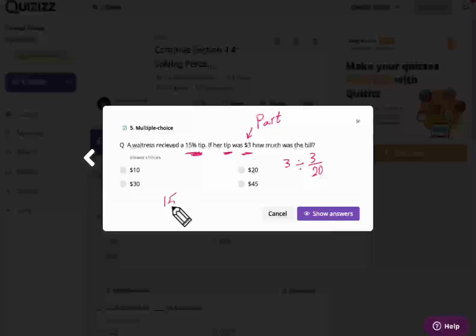Because 15 over 100 is 3 over 20 when you divide by 5. Now, it's 3 times the reciprocal, 20 over 3. I see here that I can divide this 3 by 3, and 3 divided by 3 equals 1. So 1 times 20 equals 20. So the answer is $20.